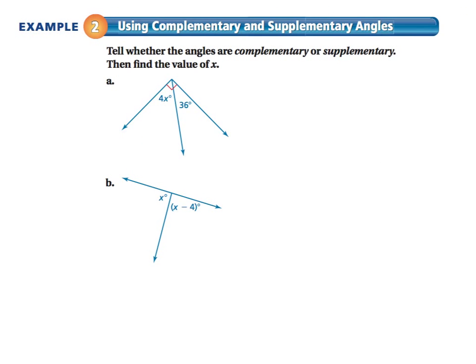So in example 2, we're going to tell whether these angles are complementary or supplementary, and then we're going to find the value of x. Well, in A, we see that these two angles form a 90-degree angle. Therefore, these two angles are complementary. So now we write an equation.